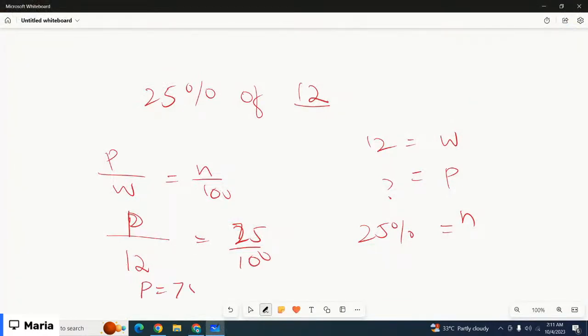So it would be 25 times 12 over 100, it is 25, not 75, right? Okay. 25 times 12 is 300 and 300 divided by 100 is 3.